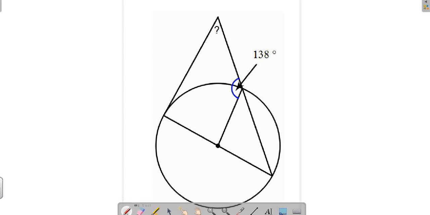Here, tangent to a radius, right angle at the edge. You have a right angle there. If this is 138, this angle right here is going to be 42. You should have noticed that you have all congruent radii, which makes this isosceles, which makes this also 42. 42 plus 42, take away from 180.